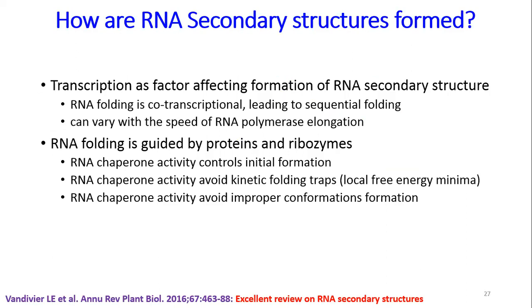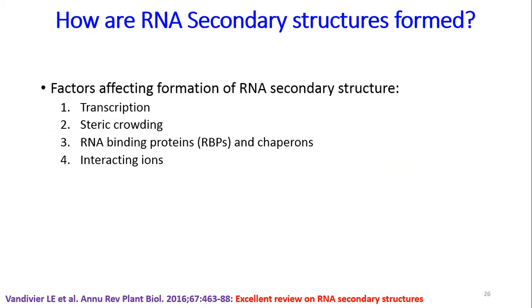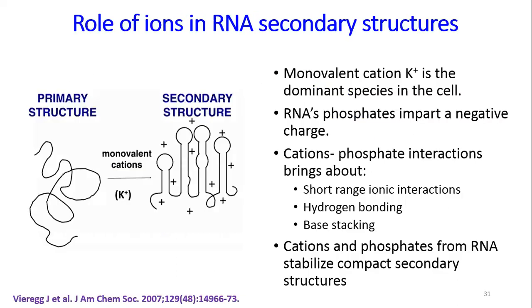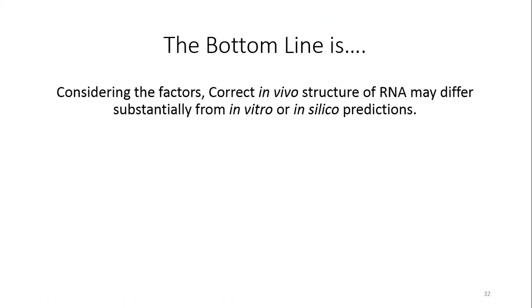There are transcriptional events, and there might be steric crowding as well. So these four factors are the external factors present in vivo that affect the formation of secondary structures, right? Does everyone agree with this?